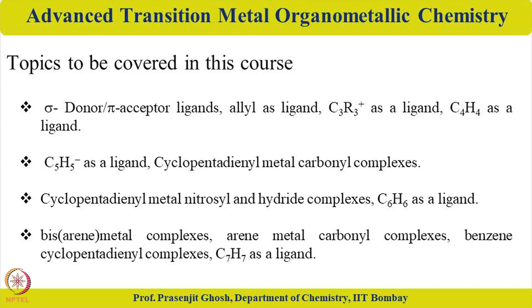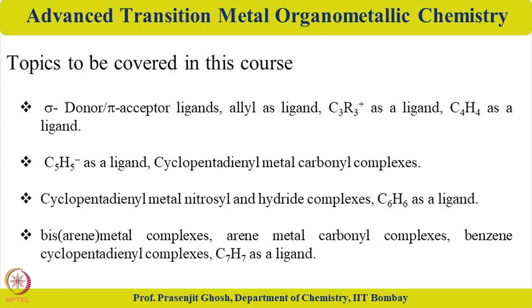These are the hallmark of transition metal organometallic chemistry, where ligands are not just spectator entities which just donate electrons onto the metal, but in the process can also absorb electron density back from the metal, and that gives rise to these famous pi acceptor attributes of these transition metal organometallic compounds.